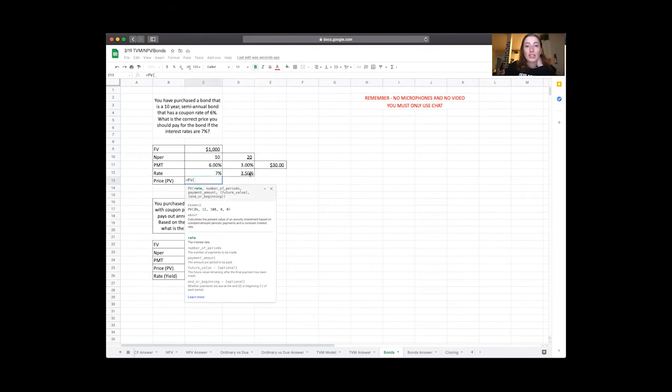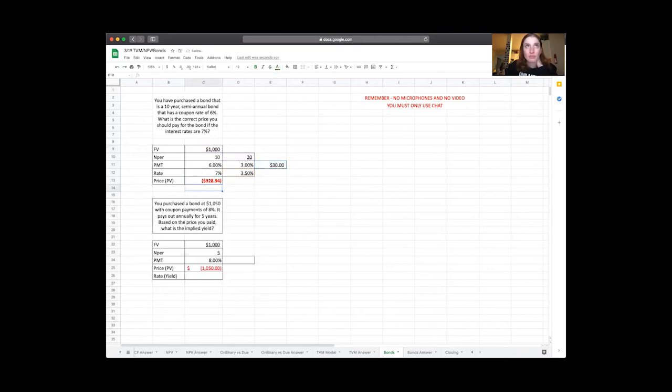So remember to input your adjusted rate, which is 3.5, your number of periods, which is your adjusted 20, your payment amount, which we found, which is 30, and your future value. So you end up with a present value of 928.94.